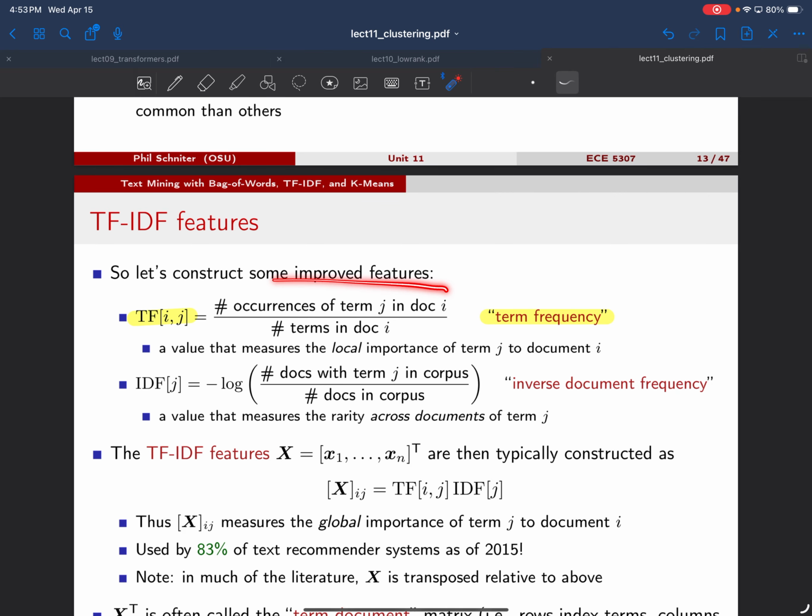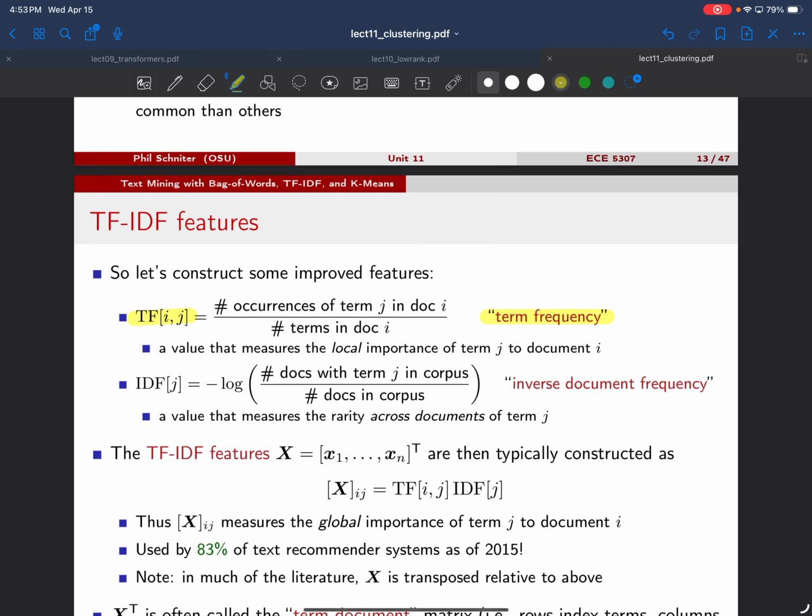And basically what this tells you is it measures the local importance of term J to document I. This is all for document I, so it doesn't look across documents. For each document, you get a certain number computed just for that document, which is basically how often that term happened versus the number of terms. So that's the TF part.